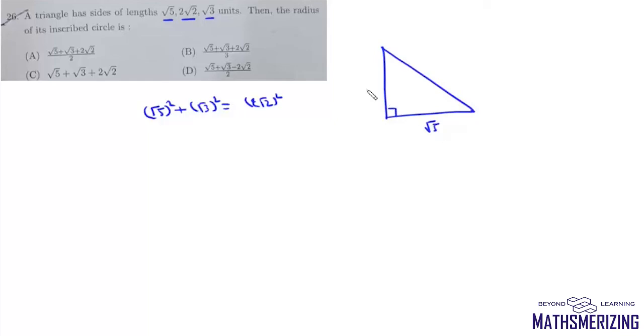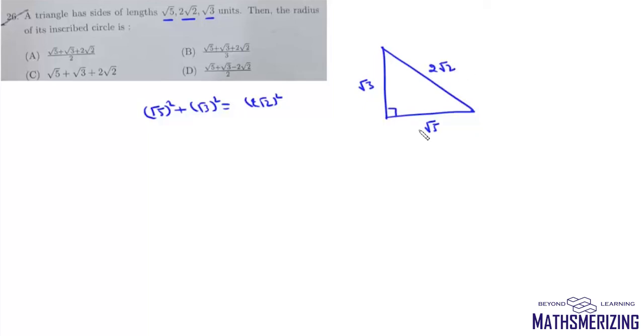Now if we look at root 5 square plus root 3 square, which is 8, it will be equal to 2 root 2 whole square. So basically it is a right angle triangle. Now this is root 5, this is root 3, and this is 2 root 2.